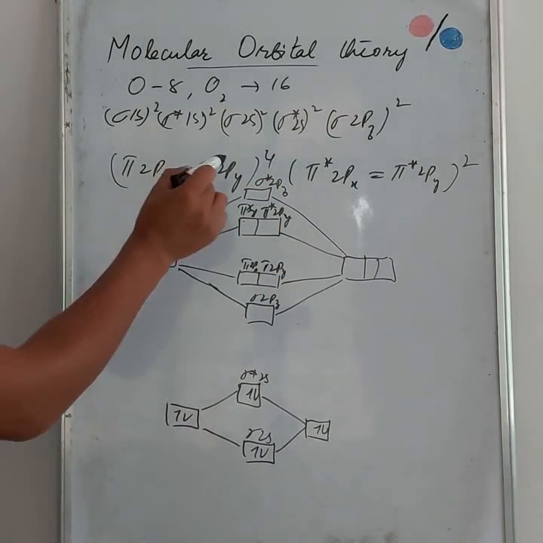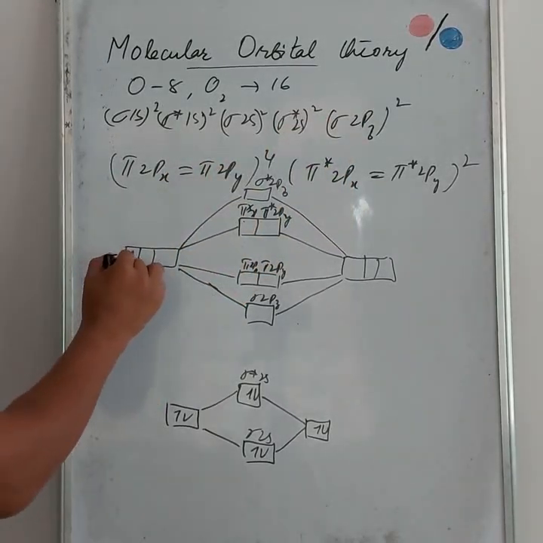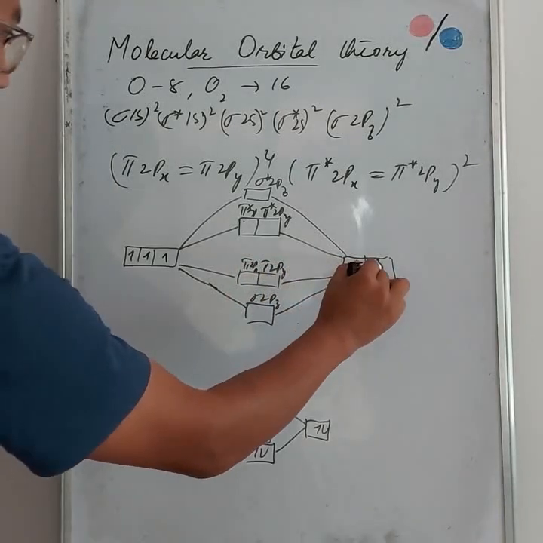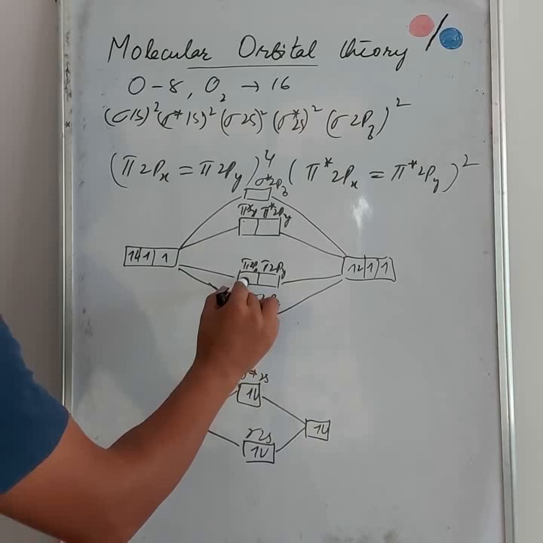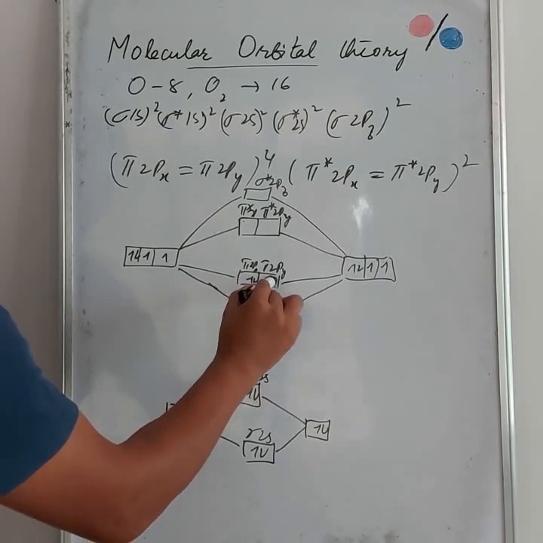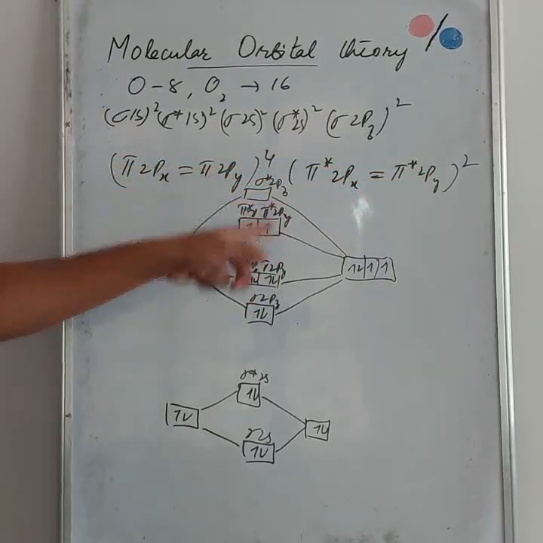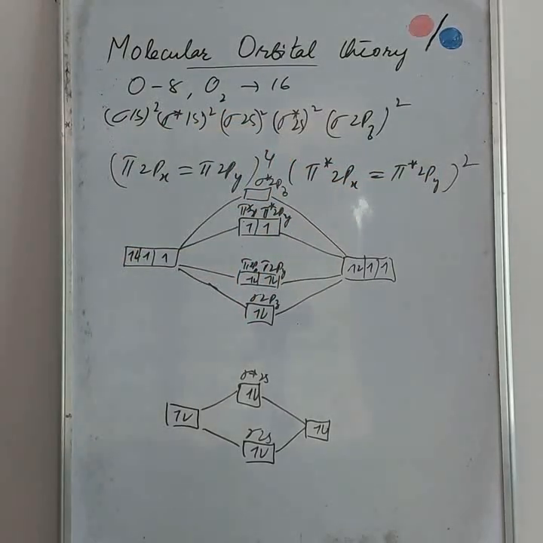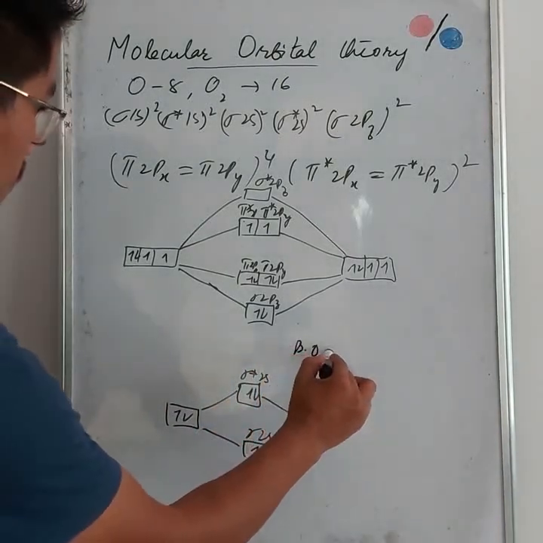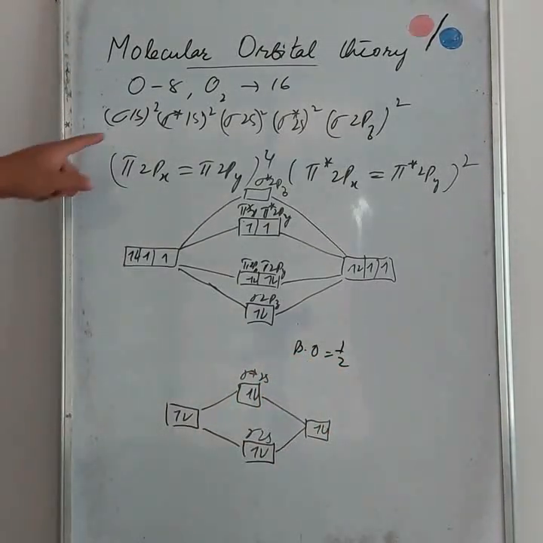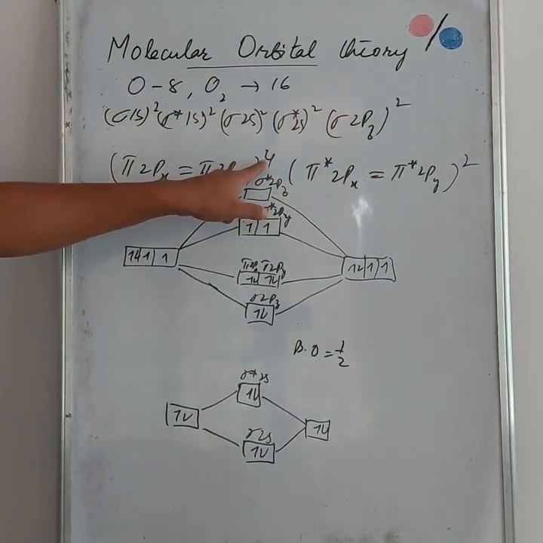Then the bonding. So 8 electrons: 1, 2, 3, 4, 5, 6, 7, and 8. So it corresponds to the molecular electron configuration. Now, if we check the bond order, how many bonding electrons? 2, 4, 6, 10.